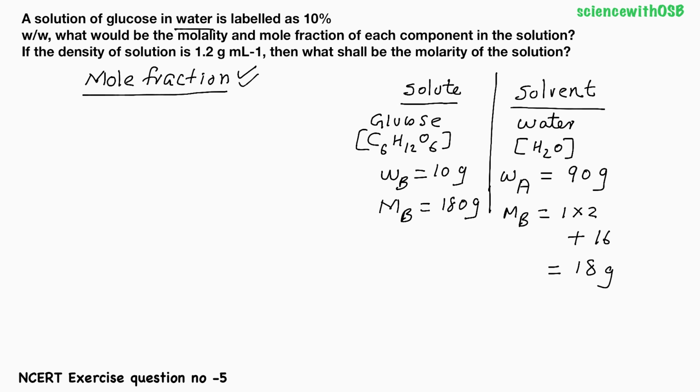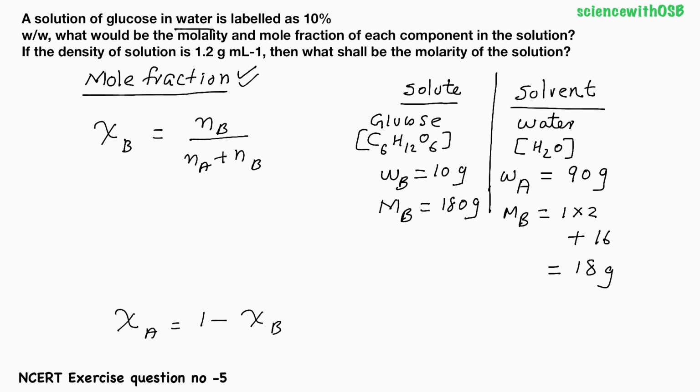Now directly apply the equation of mole fraction. Mole fraction of glucose is equal to number of moles of glucose by total number of moles. Understand, right? Once you find the mole fraction of glucose, you can find the mole fraction of water by subtracting it from 1.